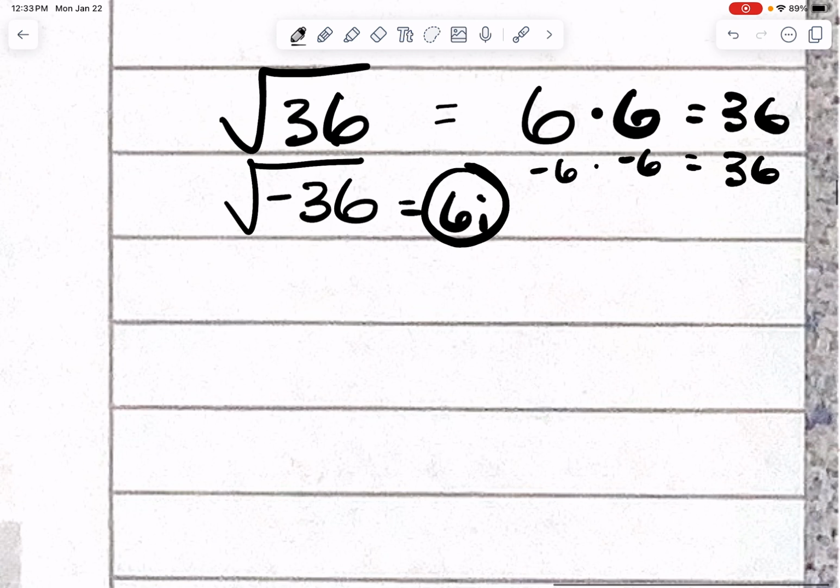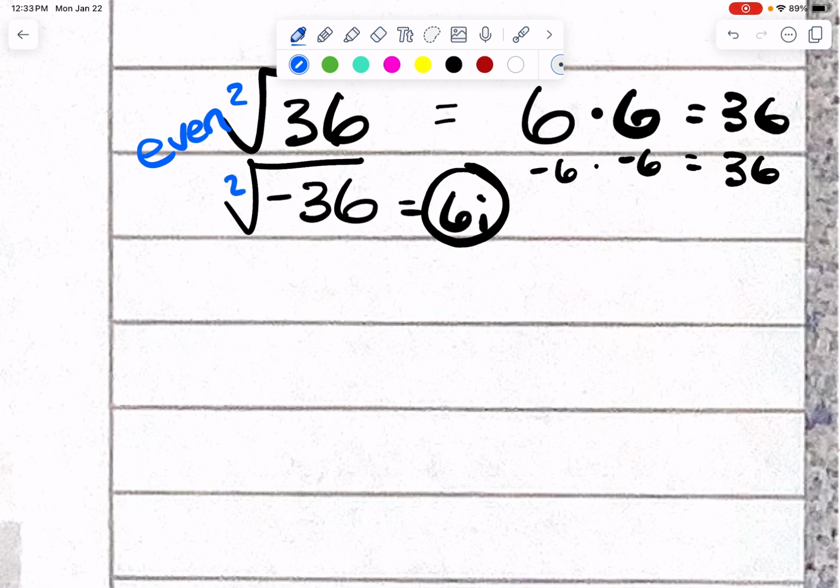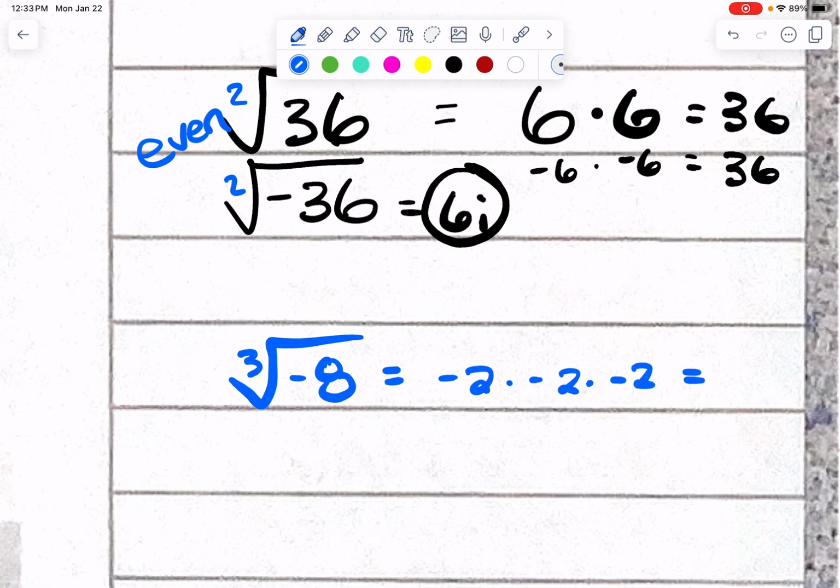Now, that is only for even roots, right? Like the second root, or the fourth root, or the sixth root. If, let's say, you have the cubic root of negative 8, that is saying, what do you take times itself 3 times to get negative 8? Well, negative 2 times negative 2 times negative 2 will give me negative 8.